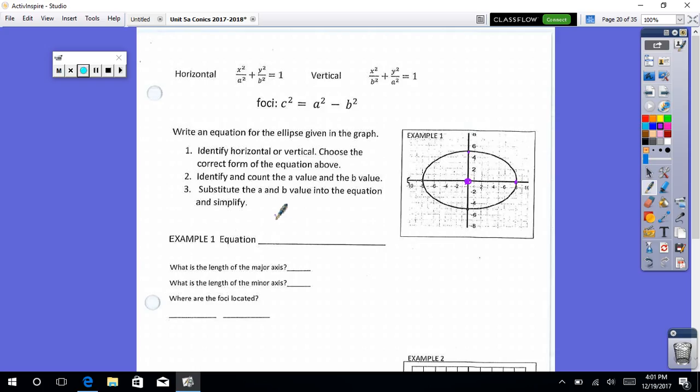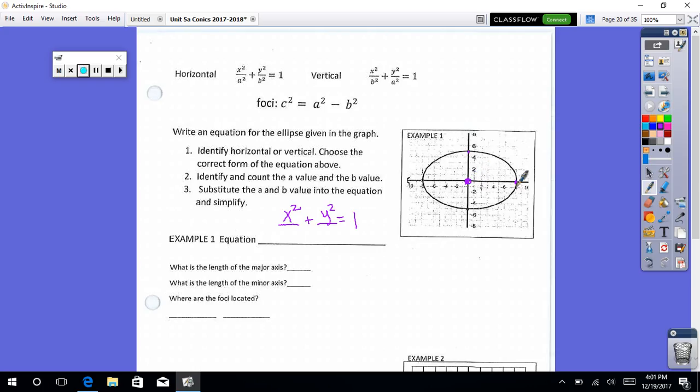So let's see what we have here. I am at 0, 0. So it's x squared plus y squared. Ellipses always equal 1, because with a circle we have the radius right here, and an ellipse is always set equal to 1. Now we're going to stack it. Let's see how wide my ellipse is.